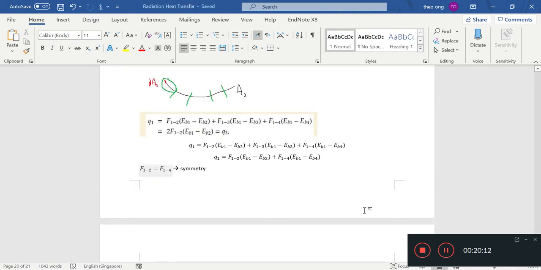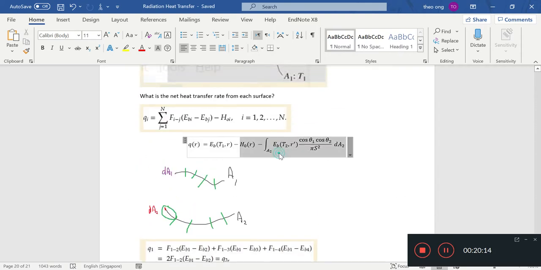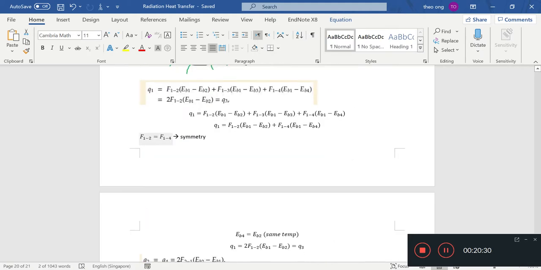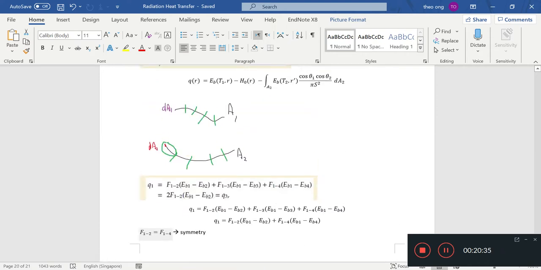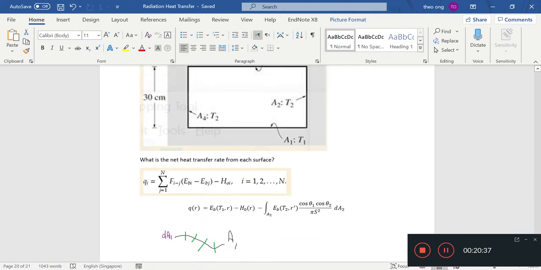But hopefully, the important thing is that from this very abstract looking concept, and this thing here is basically the view factor. What I'm highlighting here represents the view factor. So from a very complicated thing, we can actually look at something physical and concrete and find out basically the heat transfer between each surface.